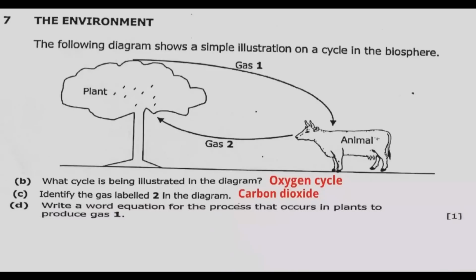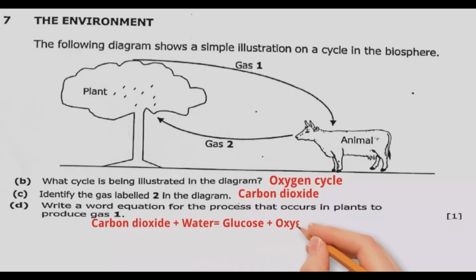Question 7d is write a word equation for the process that occurs in plants to produce gas 1. The process is water plus carbon dioxide reacting under light, which is trapped by chlorophyll, it will produce glucose, which can also be referred as sugar. It will produce glucose and oxygen.